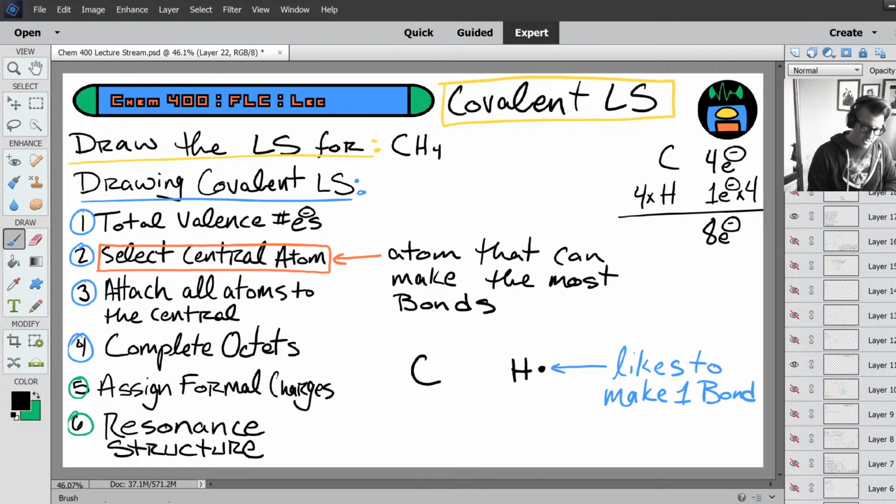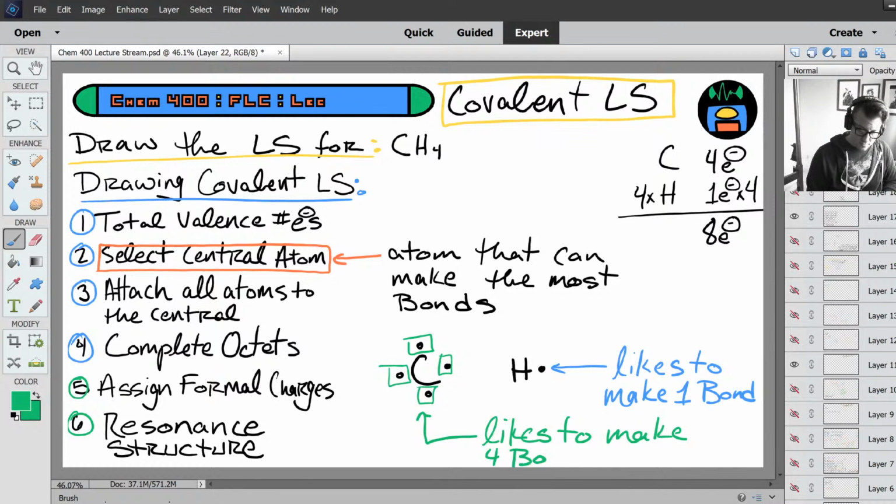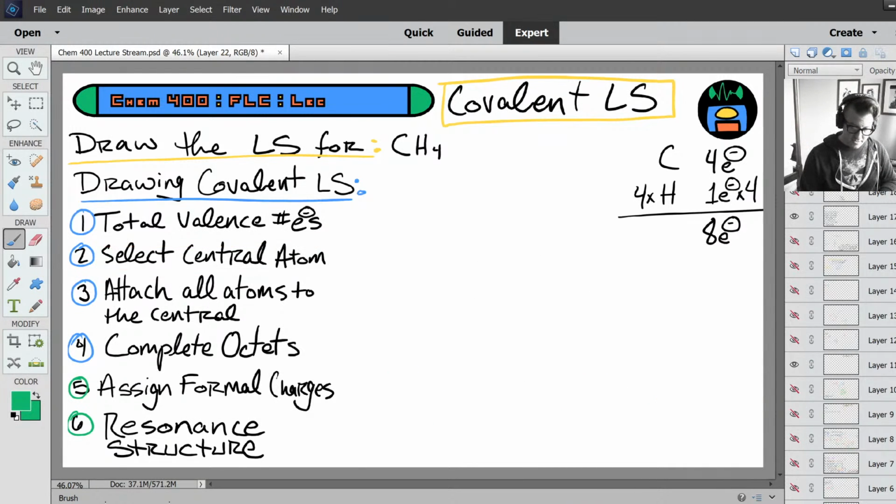If you compare this to carbon, whose Lewis dot structure has 1, 2, 3, 4 unpaired electrons, carbon likes to make 4 bonds. So because carbon likes to make more bonds than hydrogen, we're going to select carbon as our central atom. All right, so carbon's going to be our central atom.